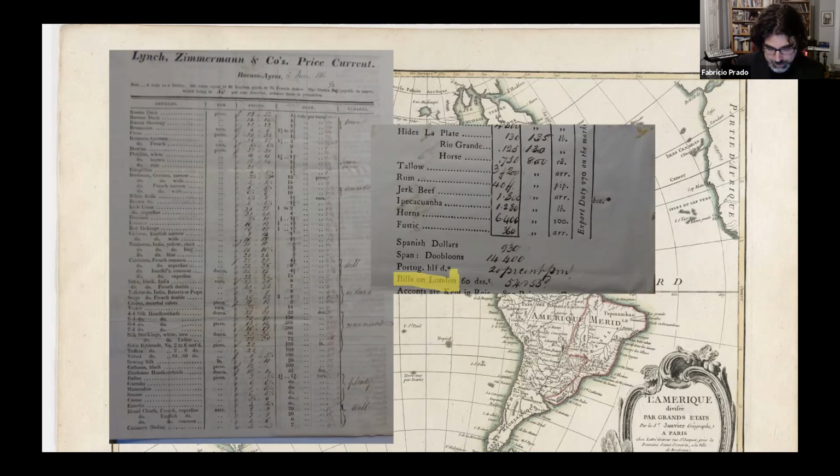Well, examining the itineraries and the specific cases gives us a slightly different view. Number one, it's not just picking up silver.